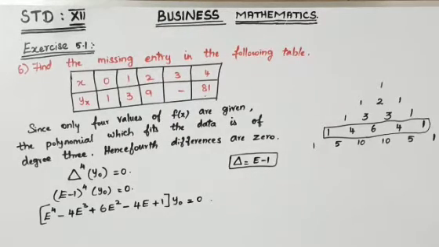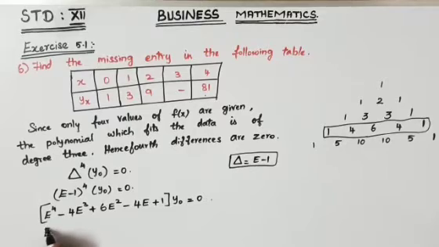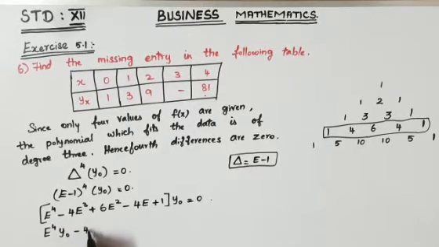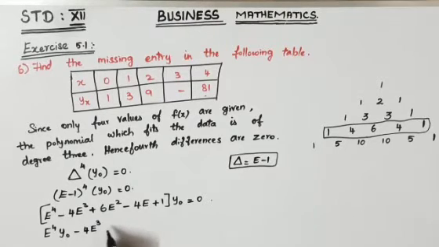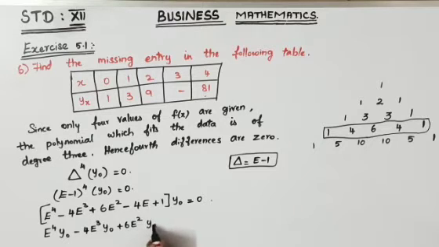Now what you have to do is just multiply this y naught with each term. So e power 4 y naught minus 4 e cube y naught plus 6 e square y naught minus 4 e y naught plus y naught is equal to 0.